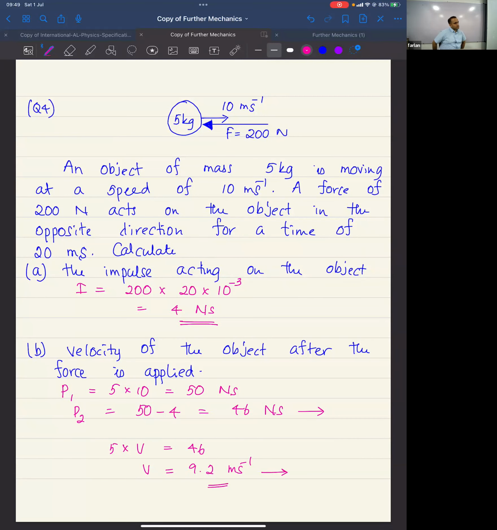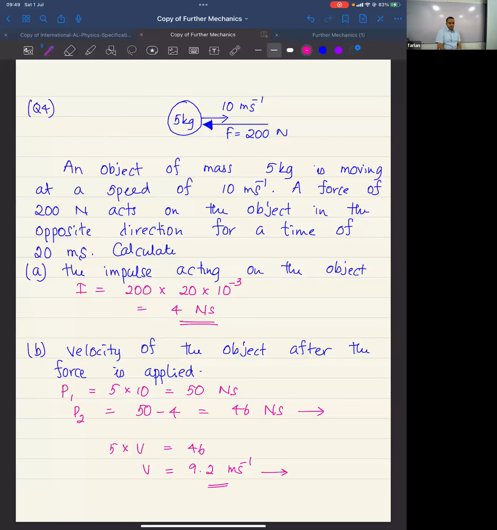This is just one way of doing it. You can do whatever you want and get this answer, 9.2, that's fine. If you do it the way that we did earlier, when we start writing it, we can write to the right. You don't have to do so.